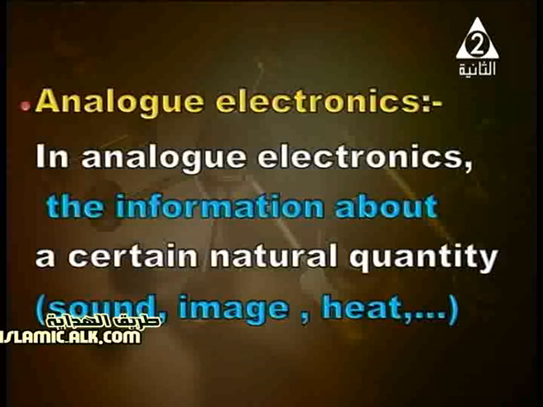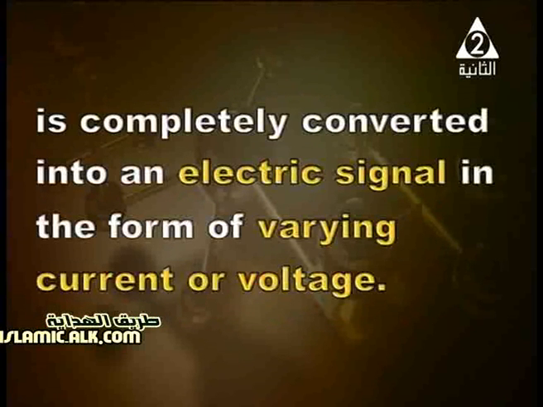So the information about a natural quantity is completely converted into an electric signal in the form of a varying current or voltage. This was about analog electronics.